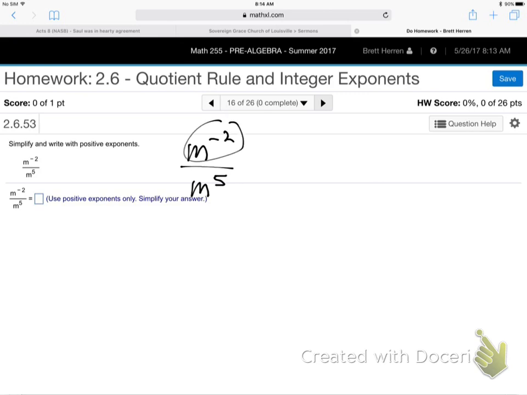So just the one on the top is jumping down. He's unhappy. His job, he's jumping to the bottom. But the m to the 5th is saying, I'm happy. And there's a 1 on the top because there's nothing left on the top. Like that. Everybody see that? Why the one on the top jumped down but the bottom one stayed put?